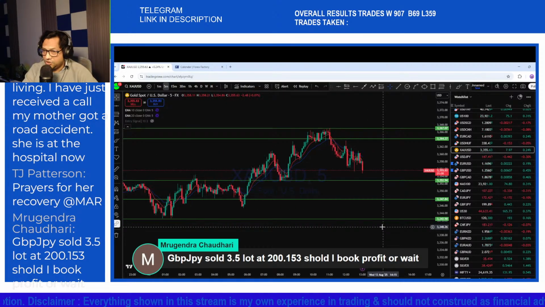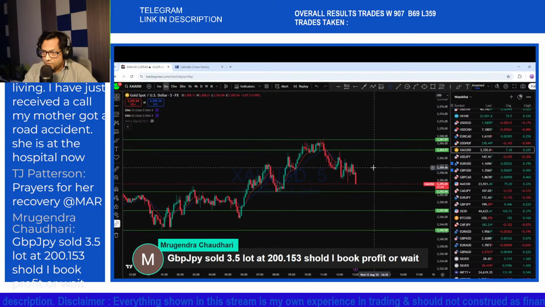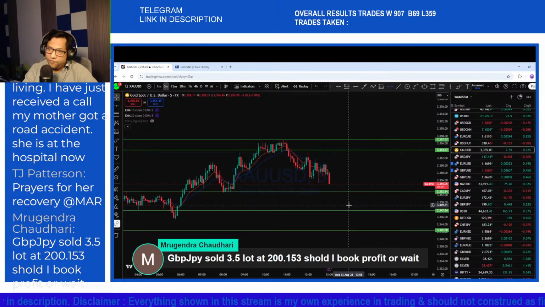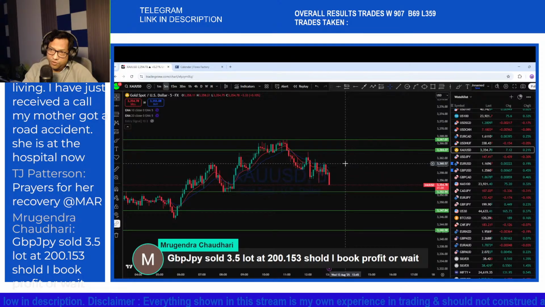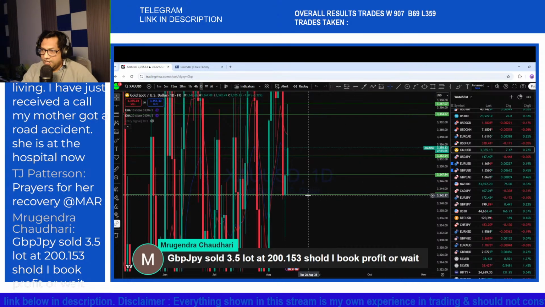If the market manages to drop below this level, we will be looking for a buying opportunity from the daily support. Let's mark that level here, which is the daily low.